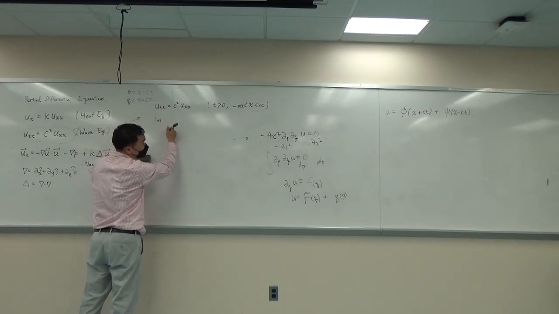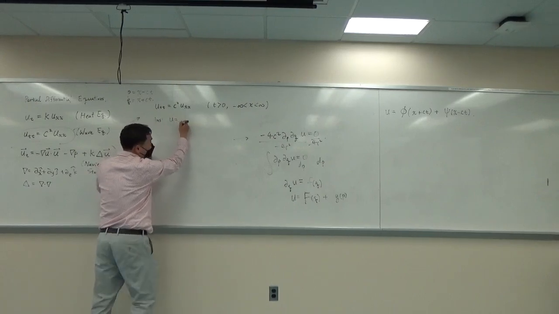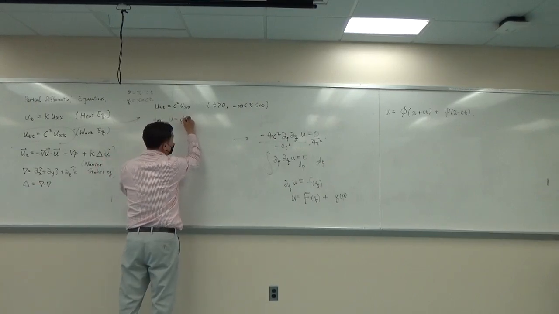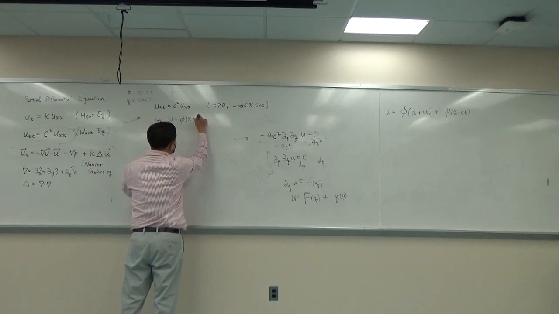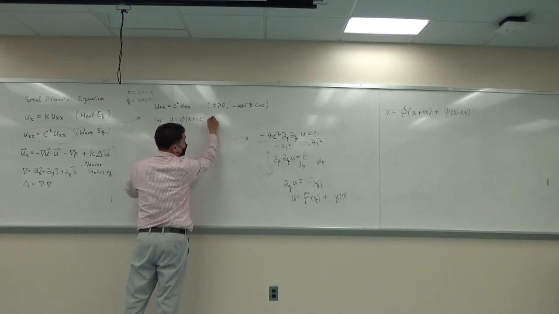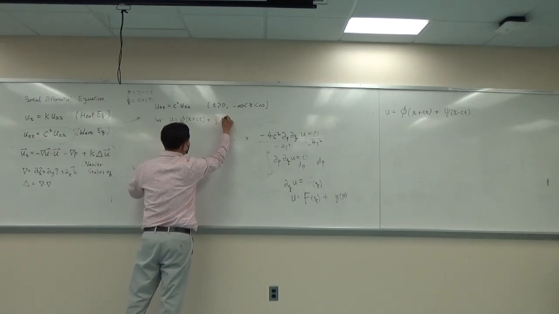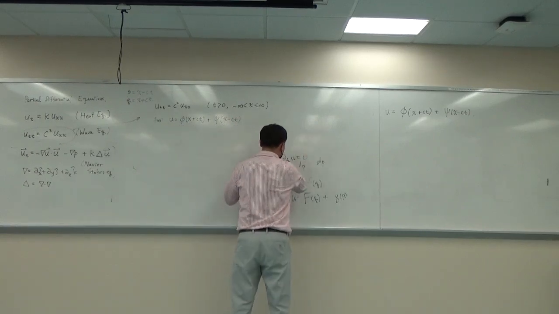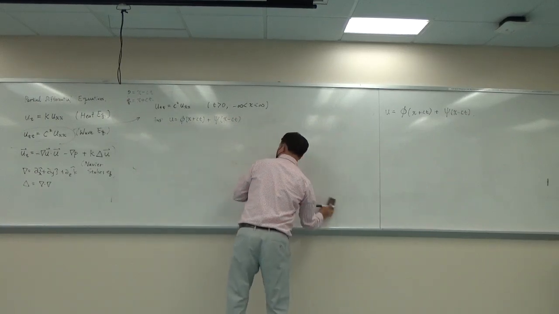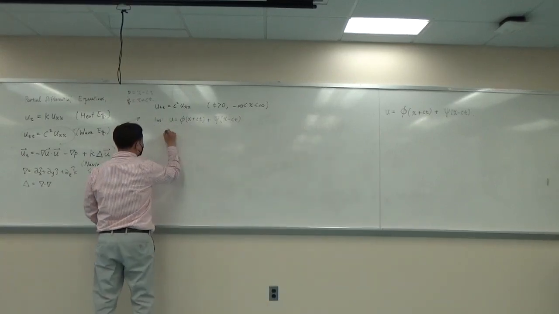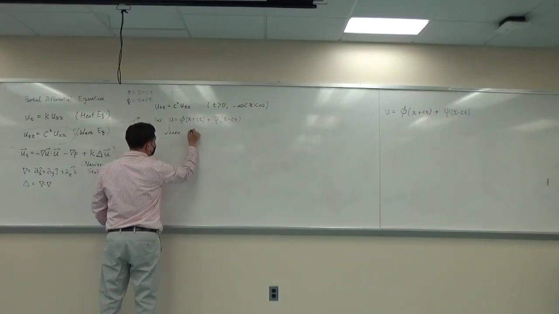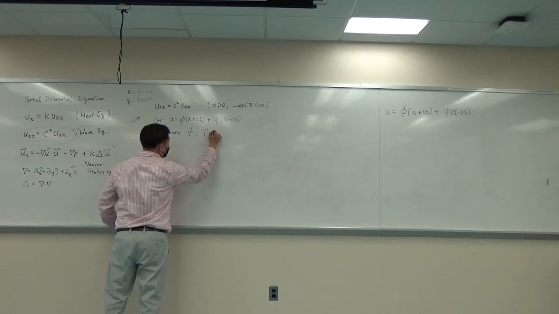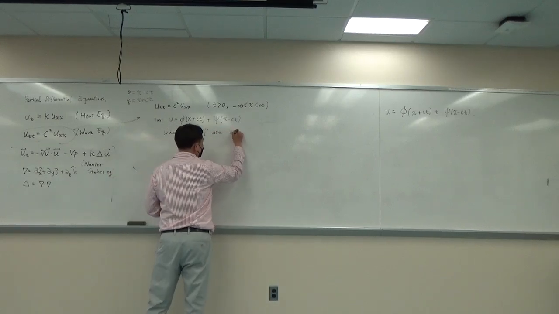The answer would be u equals phi of x plus ct plus psi of x minus ct, where phi and psi are arbitrary functions.